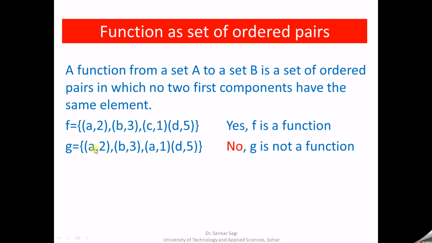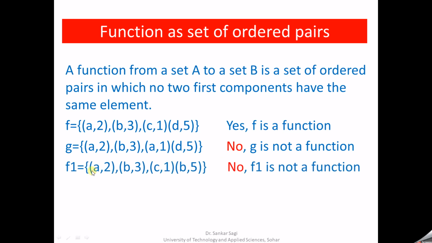Each element of the domain should have only one image. From this definition also, no two first components should be the same, but here the two ordered pairs (A,2) and (A,1) have the same first component A. Therefore, G cannot be a function.